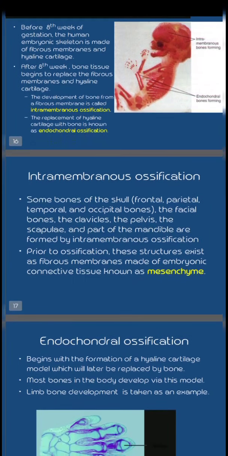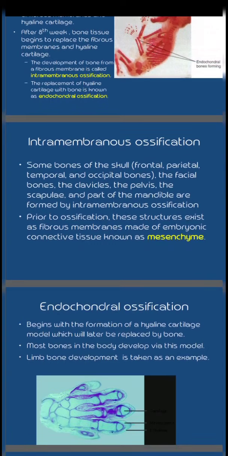Intramembranous ossification occurs in some bones of the skull, such as the frontal, parietal, temporal, and occipital bones. The facial bones, clavicles, pelvis, scapula, and part of the mandible are all irregular, flat or small bones, and they form by intramembranous ossification.